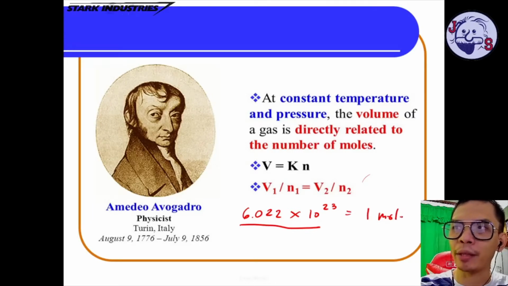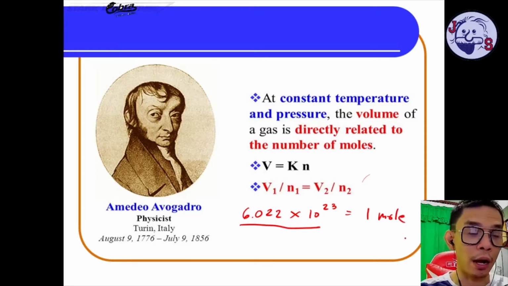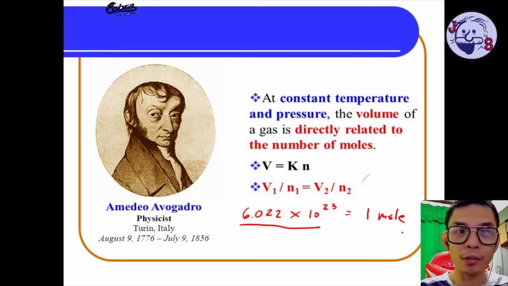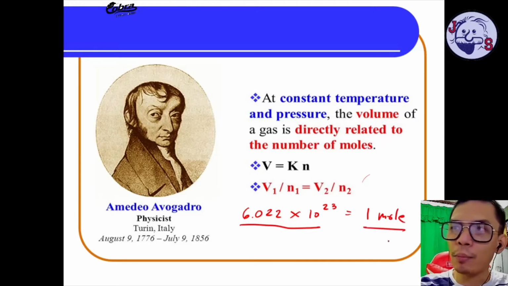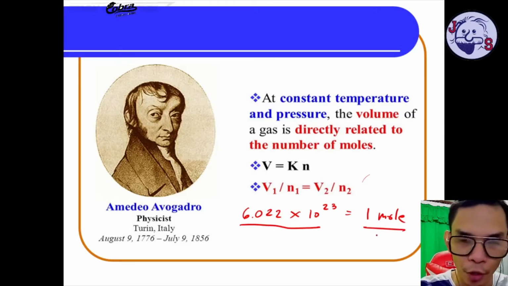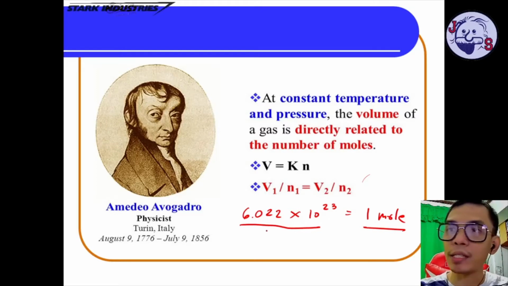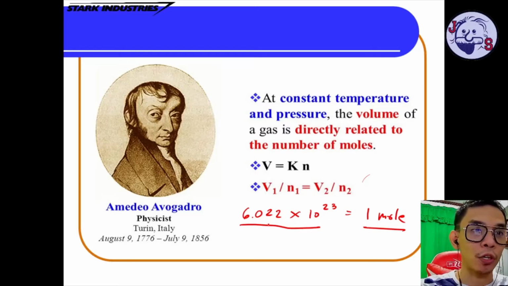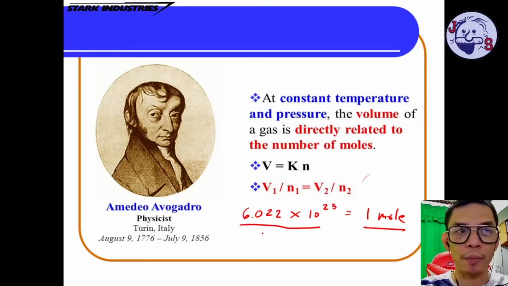It might be an element or a compound. Any 1 mole of these elements or compounds contains this constant, 6.022 times 10 to the 23rd.